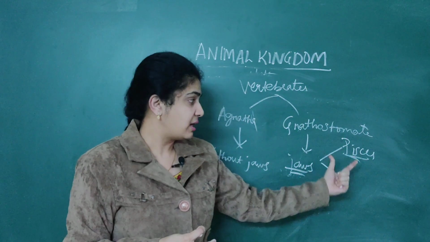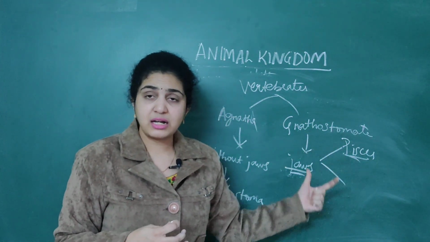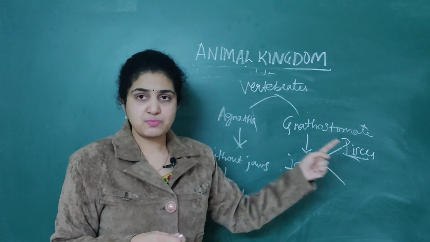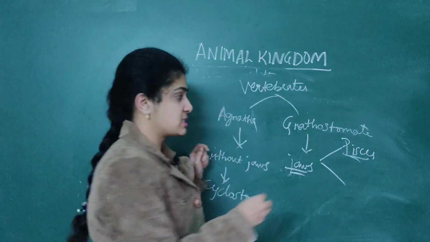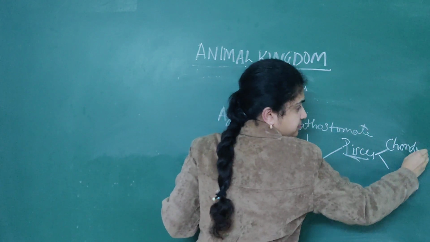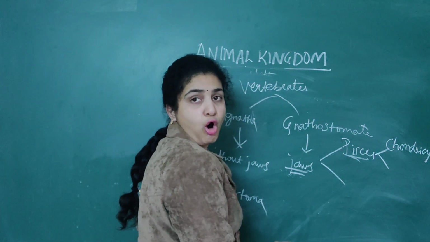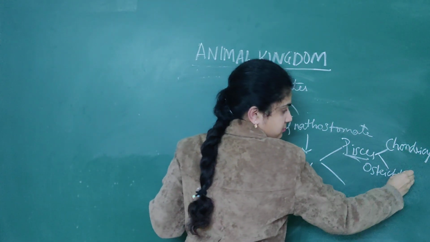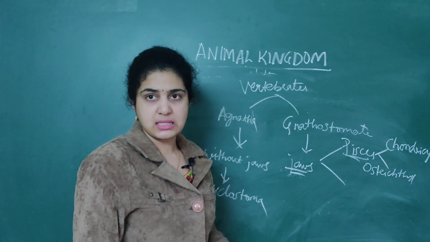Fishes are classified under jaws because they will have jaws. So they are classified under Gnathostomata. Only two classes are present in this Pisces, that is Chondrichthyes and Osteichthyes.